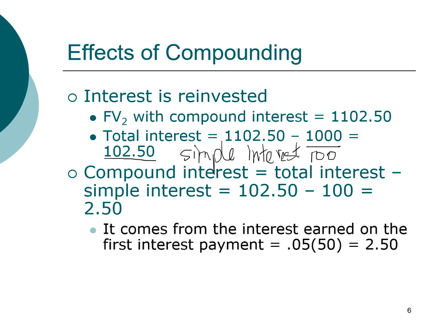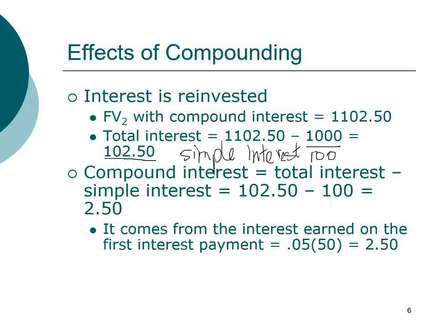And this $2.50 actually comes from interest that you earn on future interest payments. So we earn 5% on $50, and we end up with a compound interest of $2.50 in this case. This general approach can be used to analyze compound interest and the effect of compounding, not just for 2 years, but for multiple years.